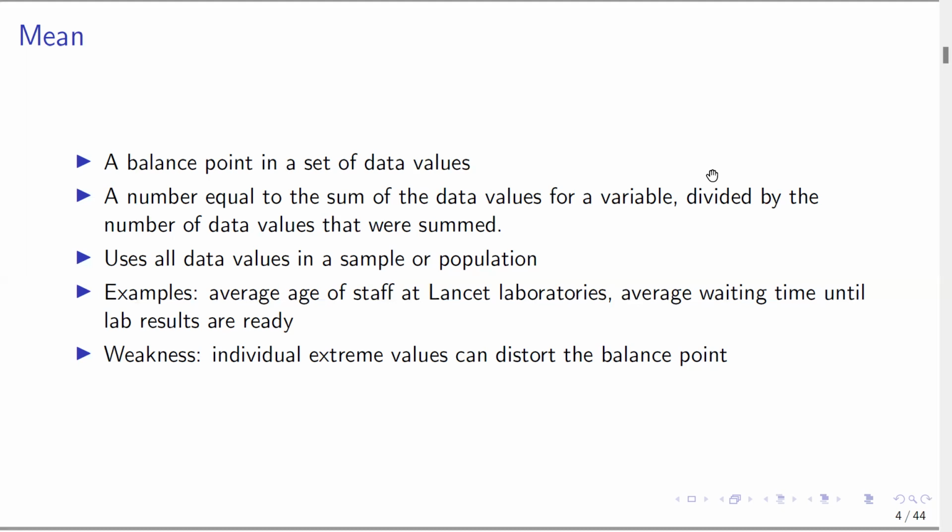But if most of you are within age 20 and 30, and then there are about 3 or 4 students aged 40 and 50, you realize that if I calculate the mean, I'll get a mean around 35, but that wouldn't be a true representation of the class, because I cannot say that the average age of students is 35. Meanwhile, the majority of you lie between 20 and 30. It's just the few, the 3 or 4 who are within age 40 and 50, who have distorted the balance point of your class age.